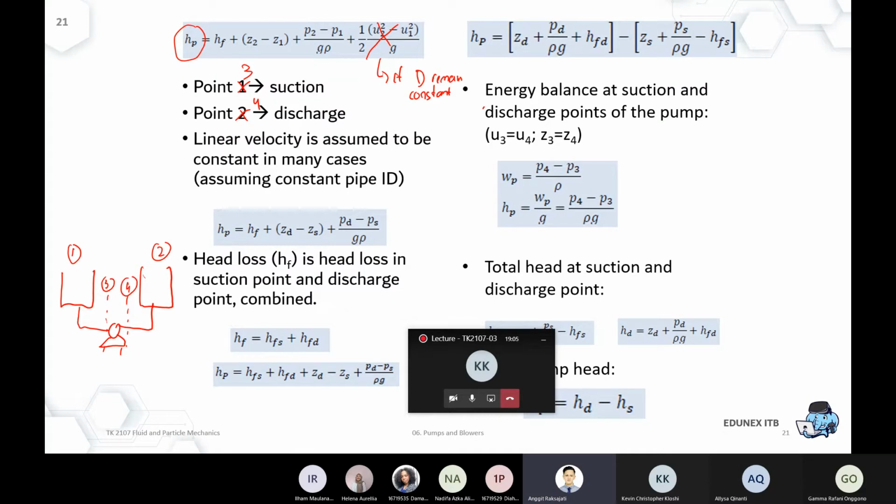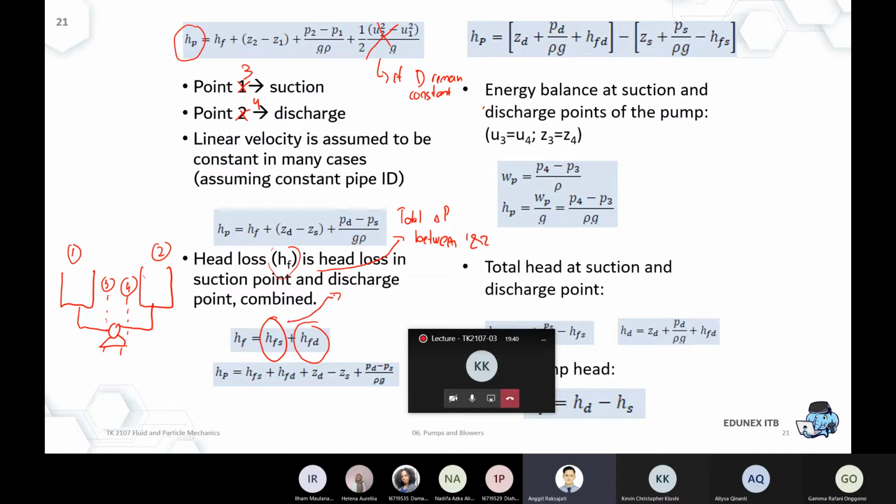If we're talking about the pressure drop in the whole system, the head loss here, HF, refers to the total delta P between 1 and 2, between the source and the destination. But that can be split into 2 fractions. Now I will split into HFS and HFD.